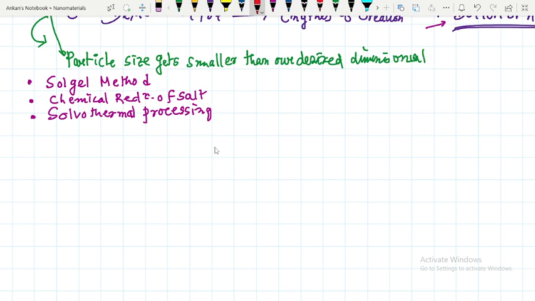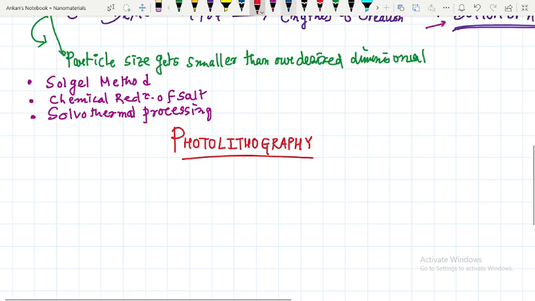The first process is photolithography. So, what is this photolithography? At first, you have to know that this is a top-down approach.